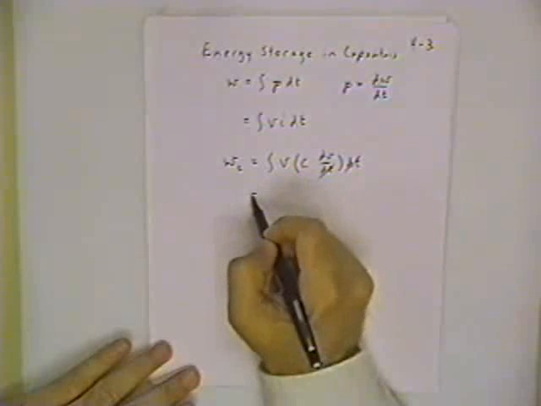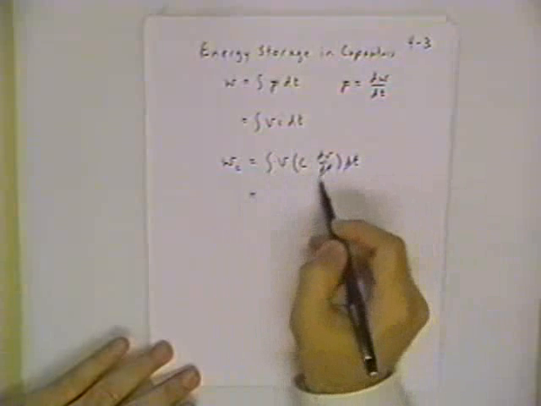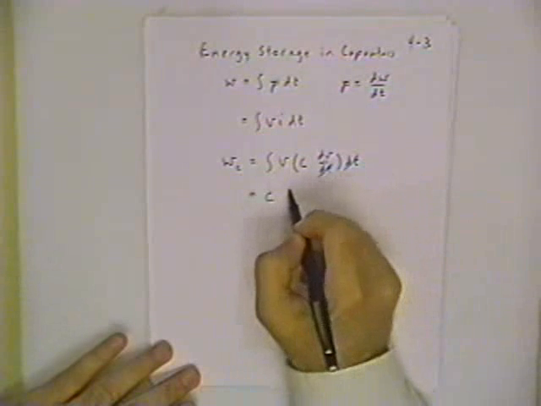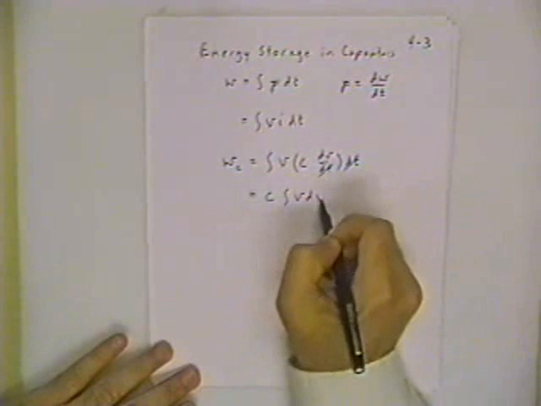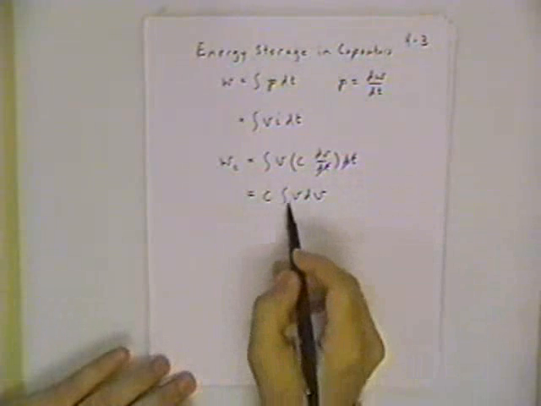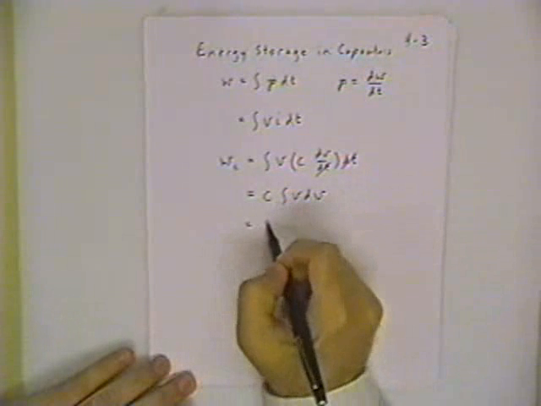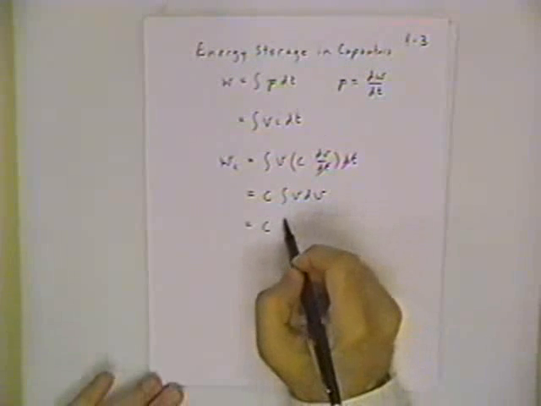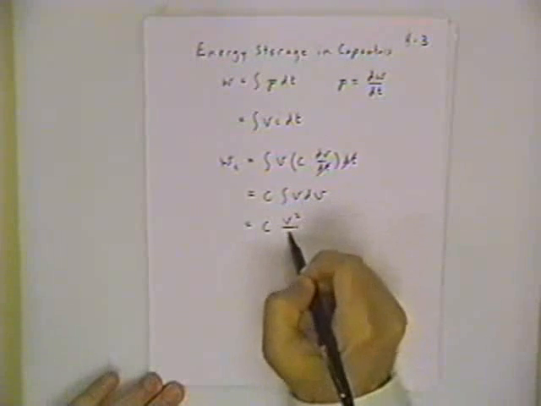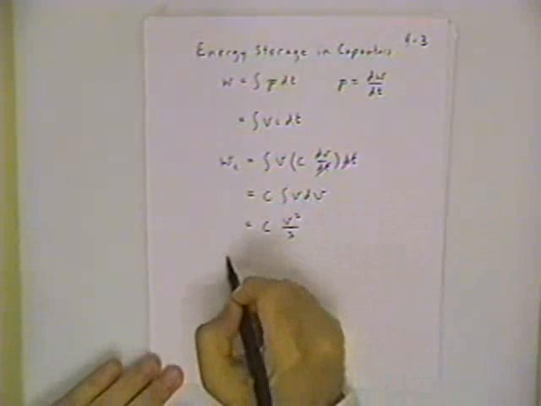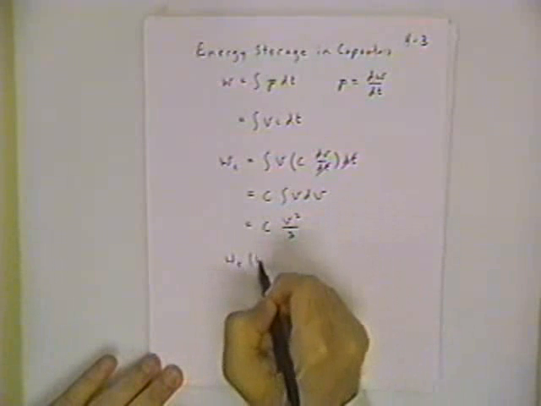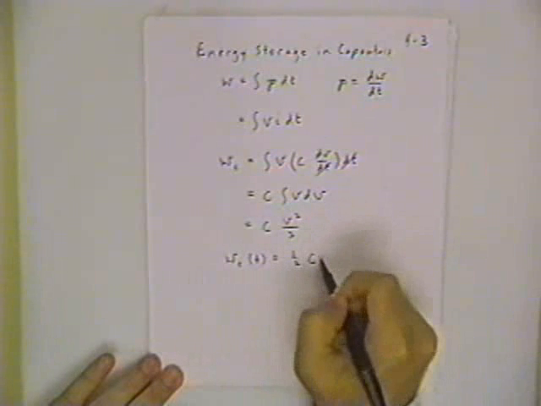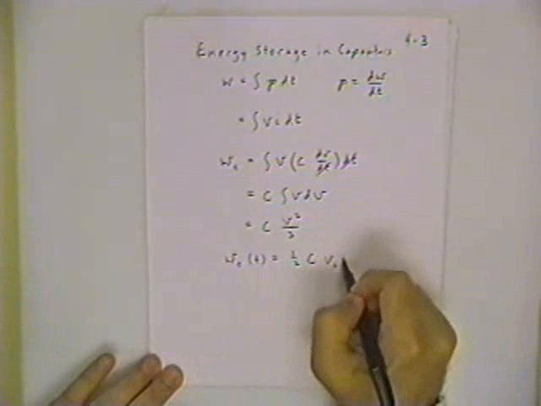So what we're going to do is bypass about 45 minutes worth of very interesting math, because we just don't have time for that, and come up with this equation. And now that's an integral that everybody can do. It's just the integral of x dx is x squared over 2. So here we have, instead of x, v squared over 2. So we come up with, as a function of time now, the energy stored in a capacitor is 1/2 CV squared.